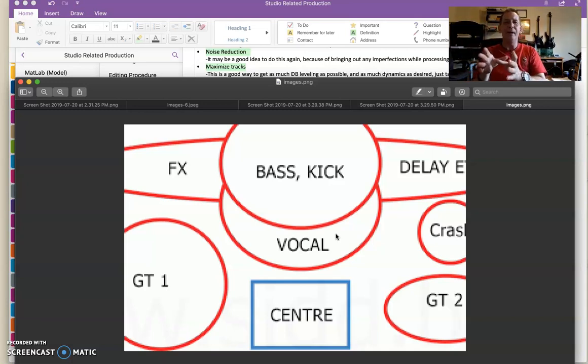It's like you don't want to put the bass amplifier right behind the guitar amplifier. You just don't want to do that. You want to have it a little bit off of it.